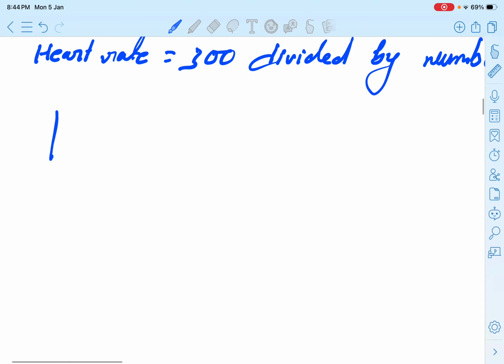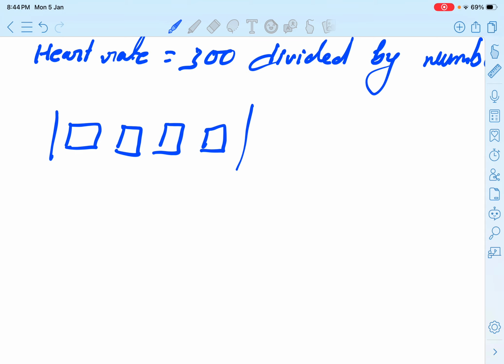Here I will show: 1 box, 2 boxes, 3 boxes and 4 boxes. Okay. Here is one R and here is the next R. Okay, now 300 divided by 4 is equal to 75.